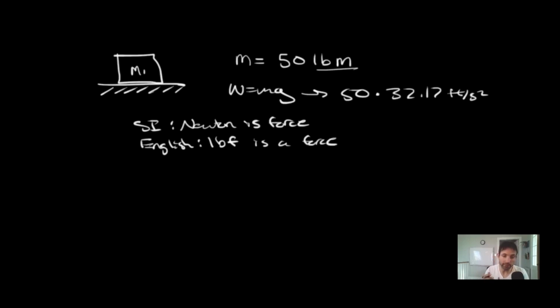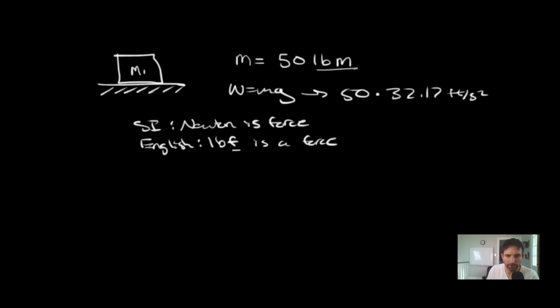And weight is a pound force, by the way. We usually don't signify it as force, but we always do in physics, pound force. That way we can clarify between pound force and pound mass.